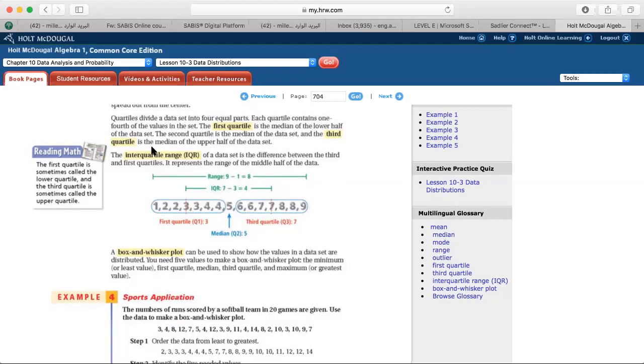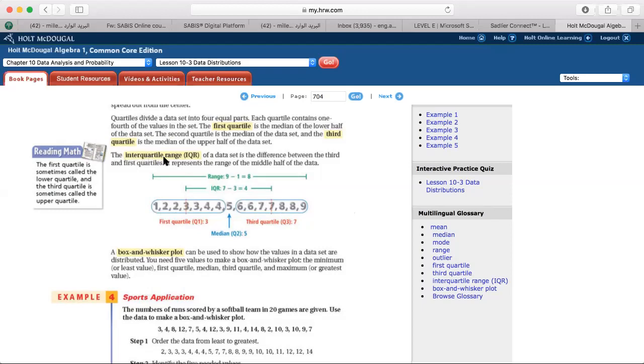And the third quartile is the median of the upper half of the data set. So I have 3 quartiles. The first one, and I will get the median. And the median of the whole set is called the second quartile. And the third quartile contains the rest of the values, and also I will get their medians.